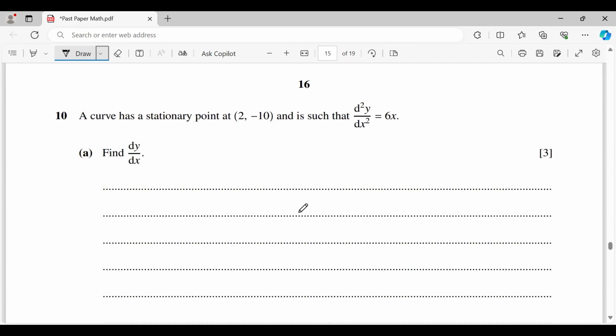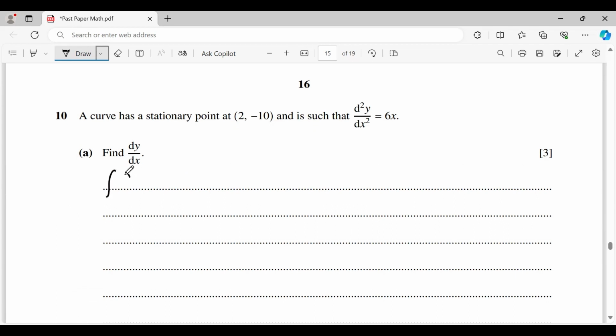Then a curve has a stationary point at (2, negative 10) and is such that the second derivative d2y/dx2 equals 6x. Find dy/dx. All right, how to find dy/dx? Integral of this second derivative.